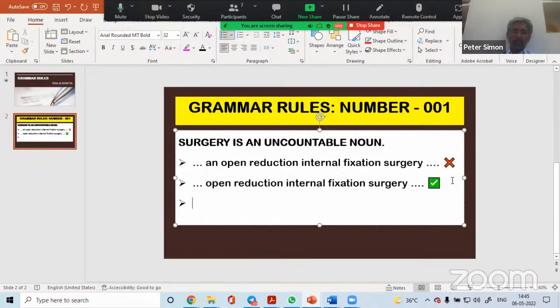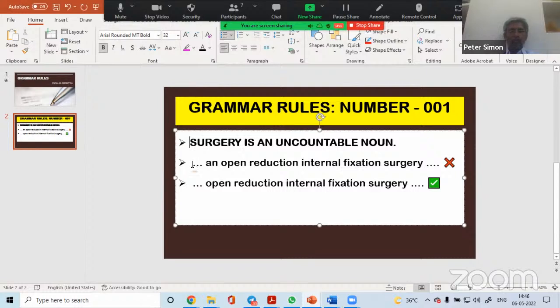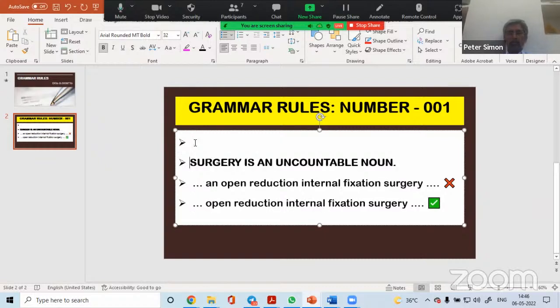Already we have written, so there is no need of this. So this is the point in question. Remember these things very carefully when you write. This is the rule. Danger zone.